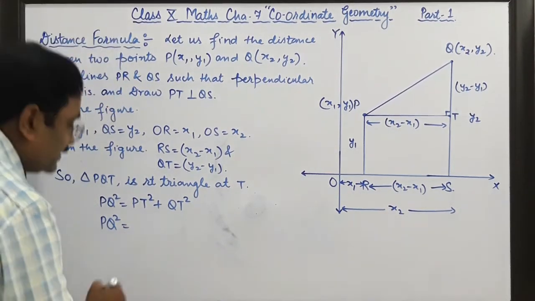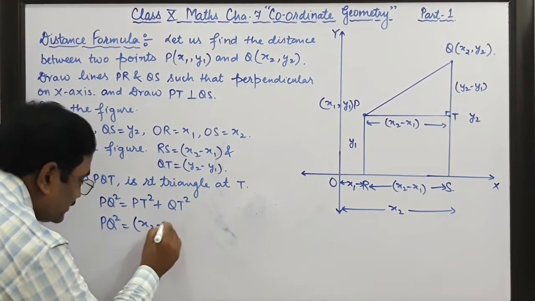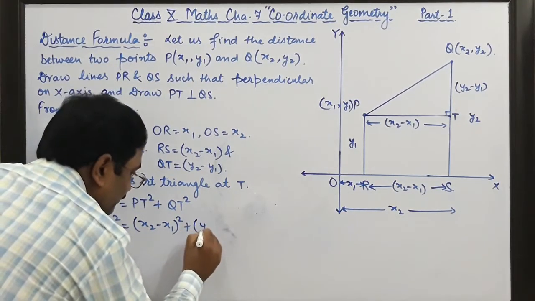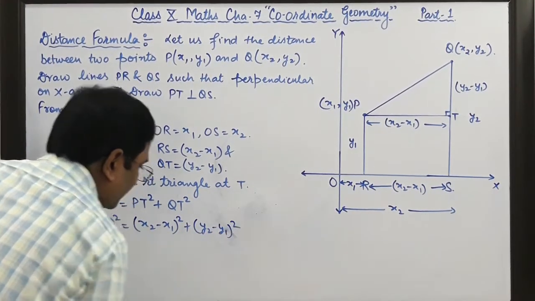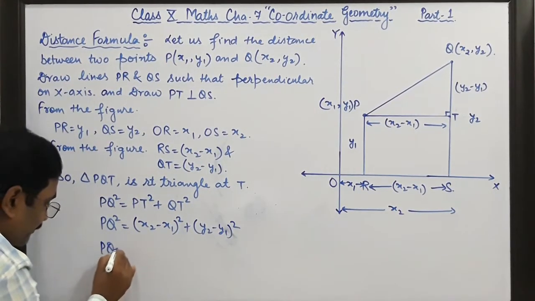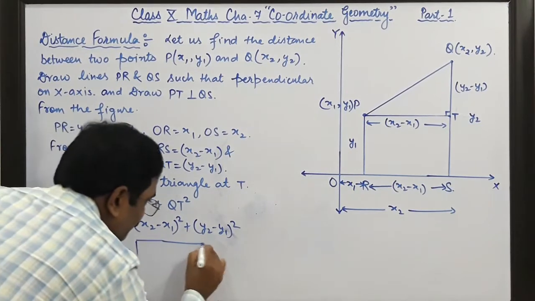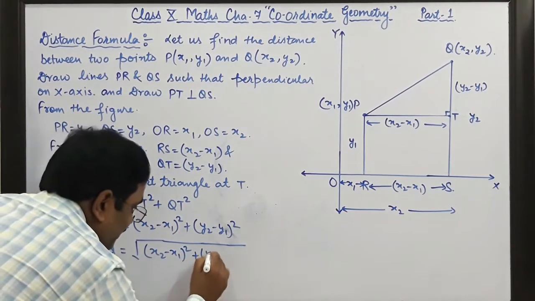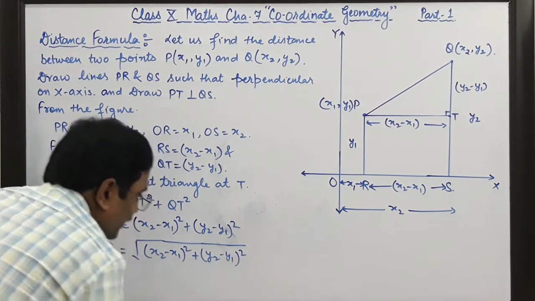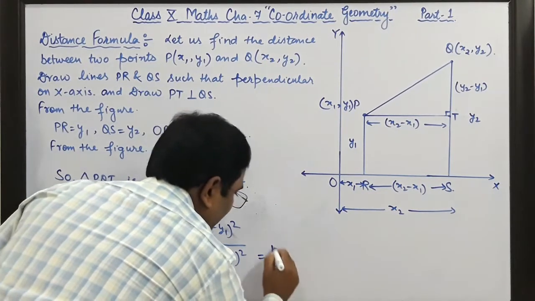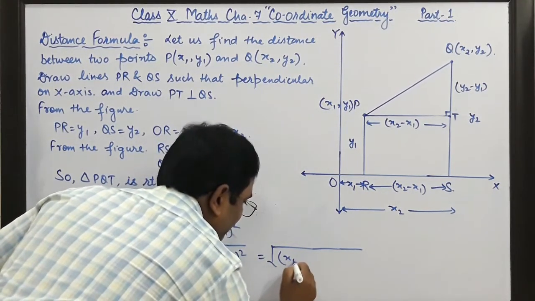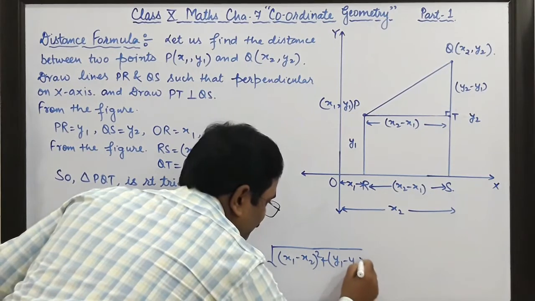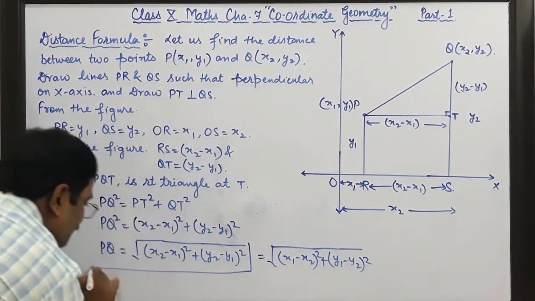The measure of PT is x2 minus x1, so (x2 minus x1) whole square plus the measure of QT, which is (y2 minus y1) whole square. Therefore the measure of PQ can be written as the square root of (x2 minus x1) whole square plus (y2 minus y1) whole square, or it can be written as the square root of (x1 minus x2) whole square plus (y1 minus y2) whole square, which is your required distance formula.